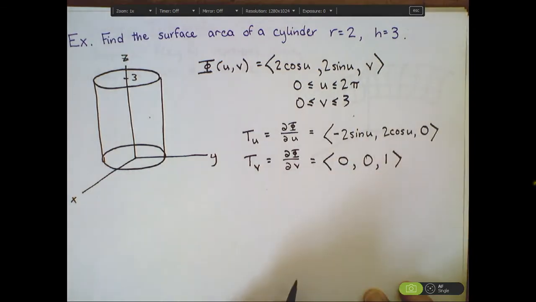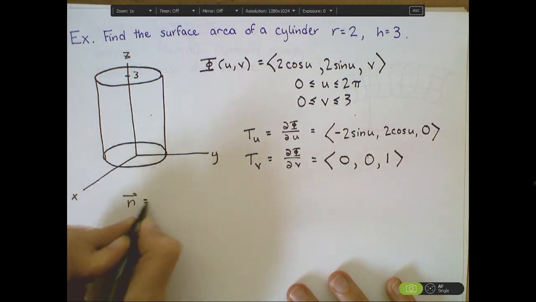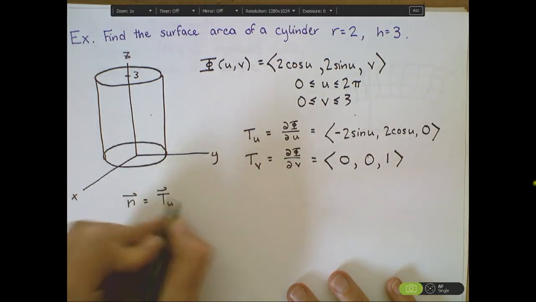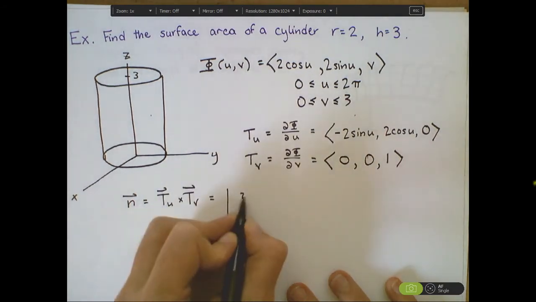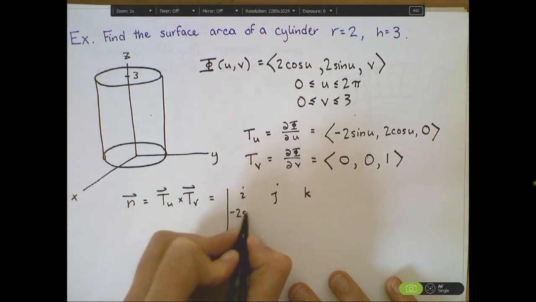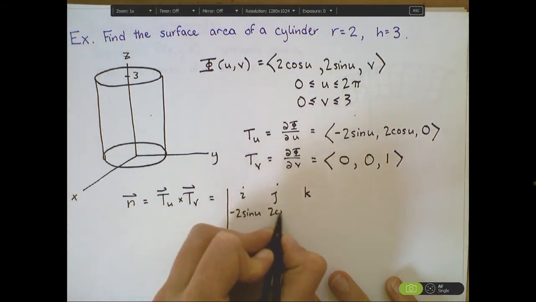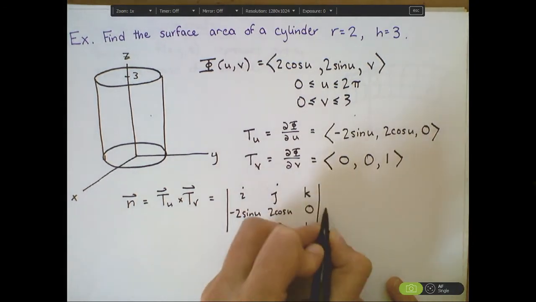So in order to compute my normal vector, I need to take the cross product of my t sub u and t sub v: i, j, k, negative 2 sine u, 2 cosine u, 0, 0, 0, 1.